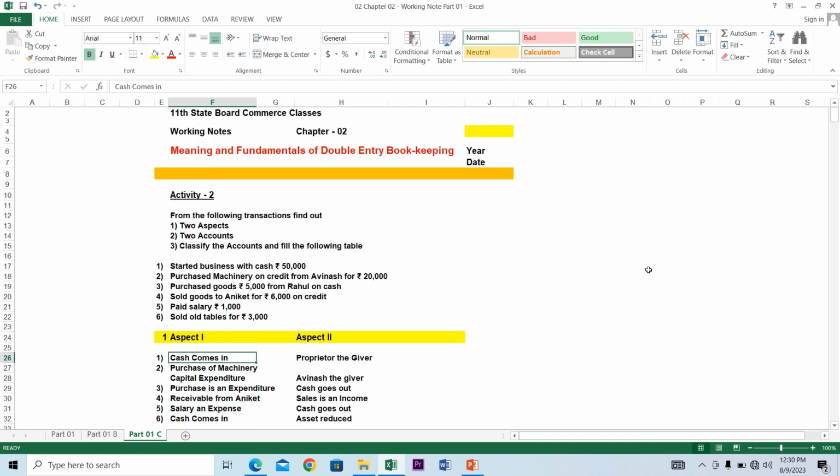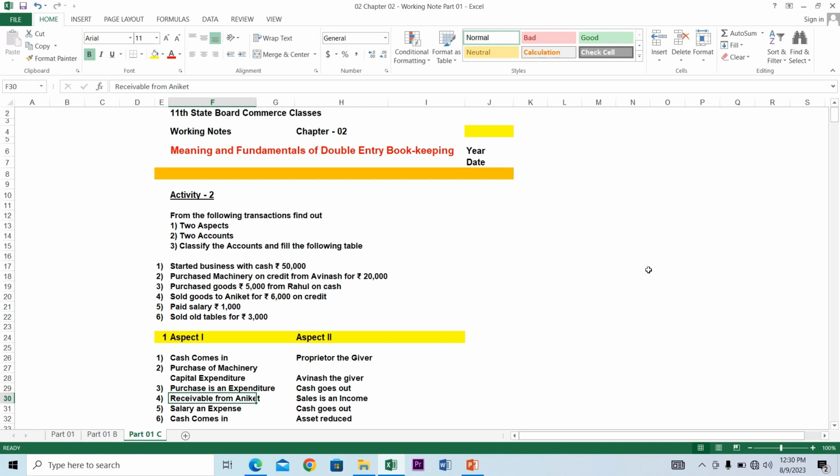See, first point, started business with cash. So cash comes in and proprietor is the giver. Then purchased machinery. Purchase of machinery is a capital expenditure. So Avinash is the giver. Then third point, aspect 1, purchase is an expenditure, and aspect 2 is cash goes out because it's a cash purchase.